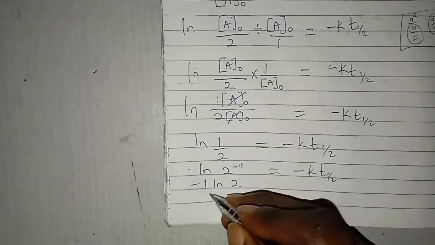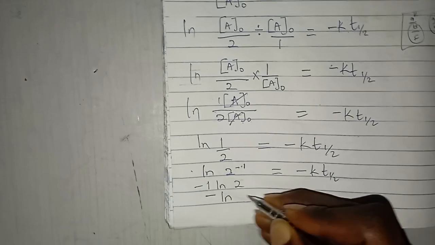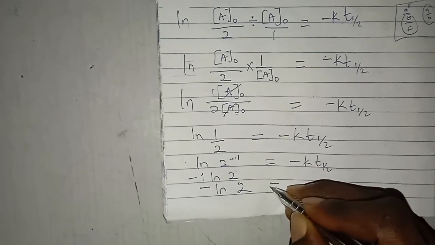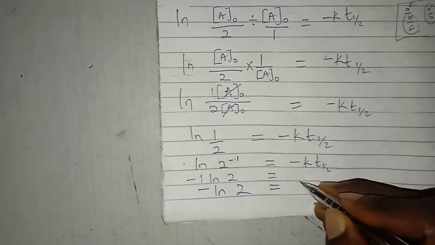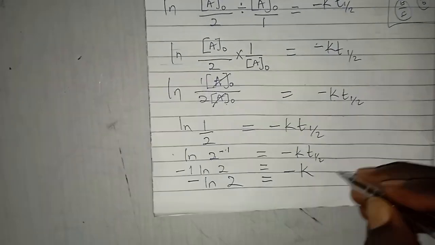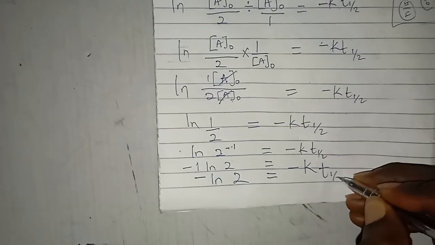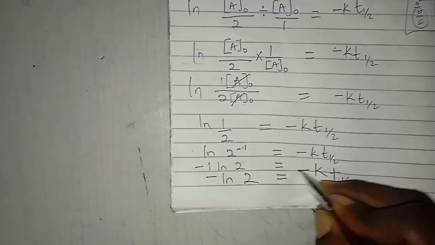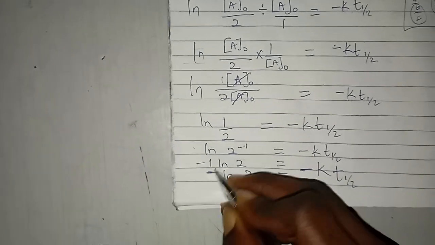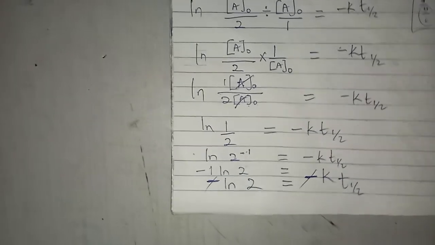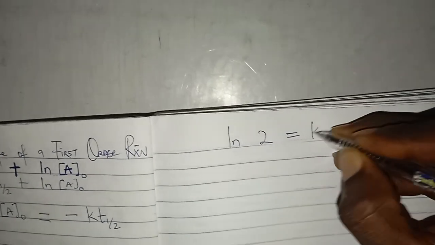And you know that minus 1 ln 2 is minus ln 2, which equals minus k t half. So at this point, there's a minus here, there's a minus here. The minus is cancelled out. So I have ln 2 equals k t half.